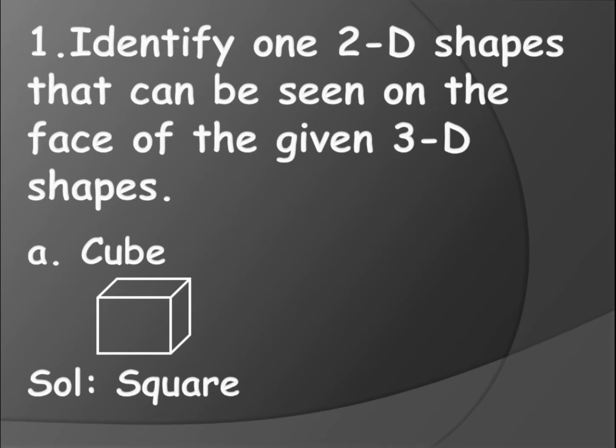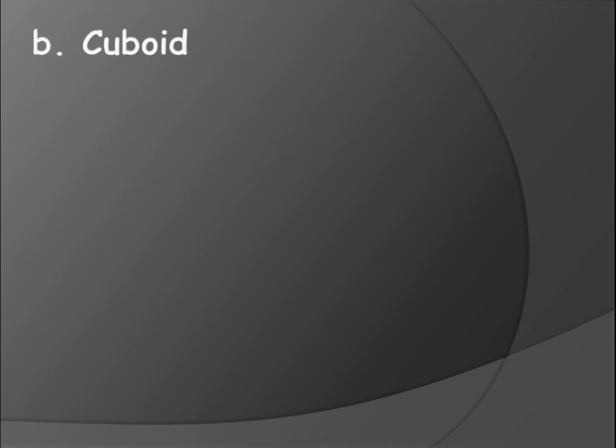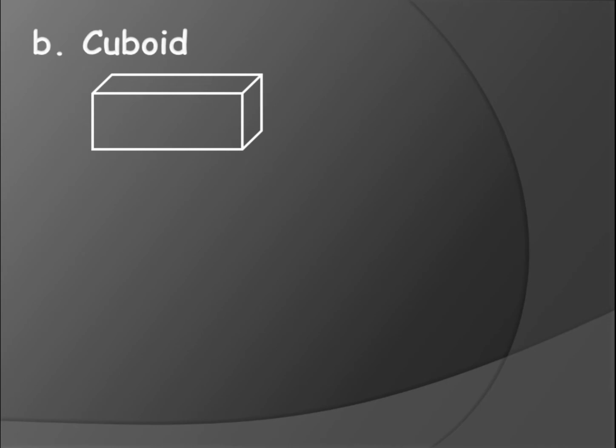Next you have a cuboid. A cuboid looks like this. You can take the example of a brick, a matchbox, or a rectangular lunch box. If you see those things, they are cuboids.